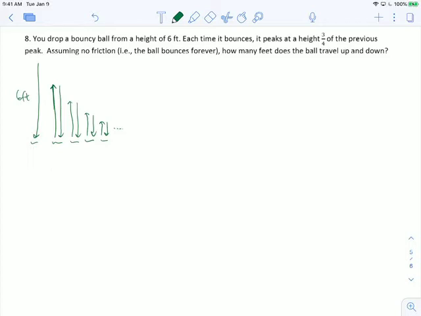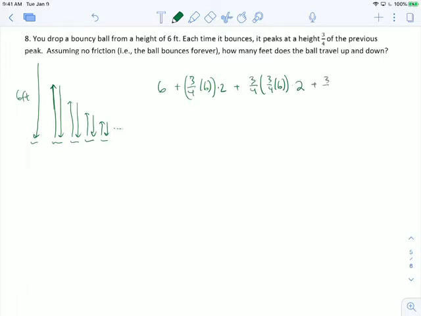So let's see. So I've got 6 plus, and then I'm going to do 3/4 of 6 twice. And then I'm going to do 3/4 of 3/4 of 6 twice.